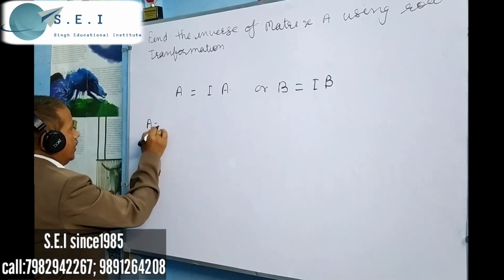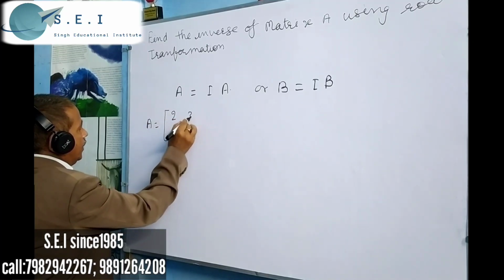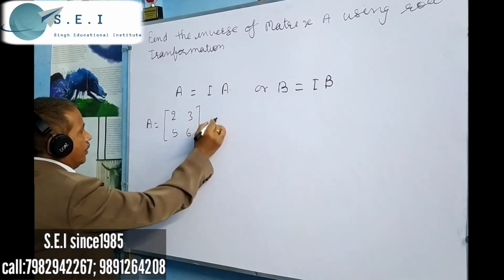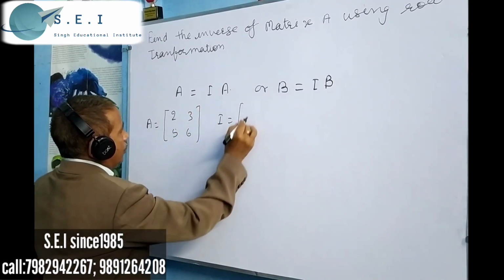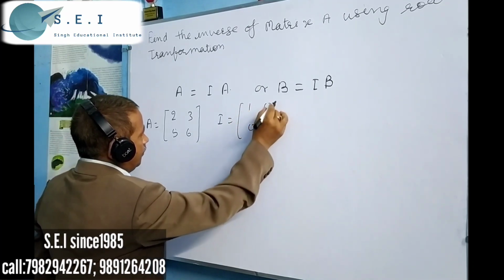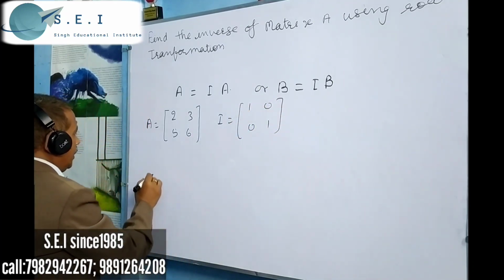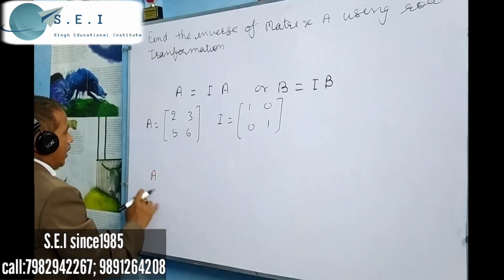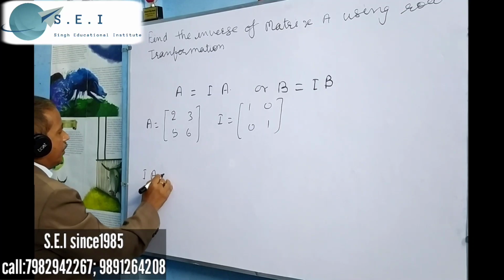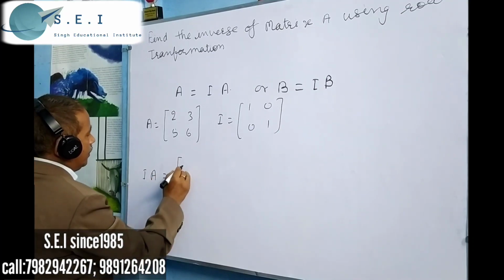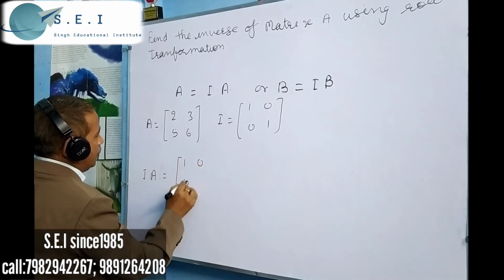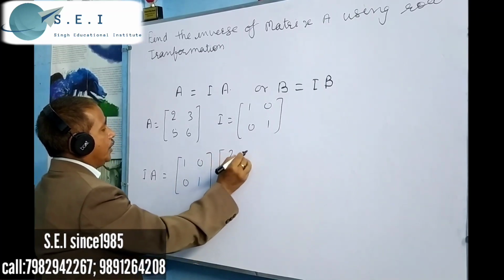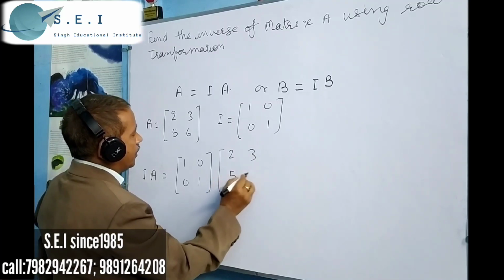Let us suppose A is equal to 2, 3, 5, 6 and I is equal to 1, 0, 0, 1. So find out IA using matrix multiplication. So 1, 0, 0, 1 multiplied by 2, 3, 5, 6.